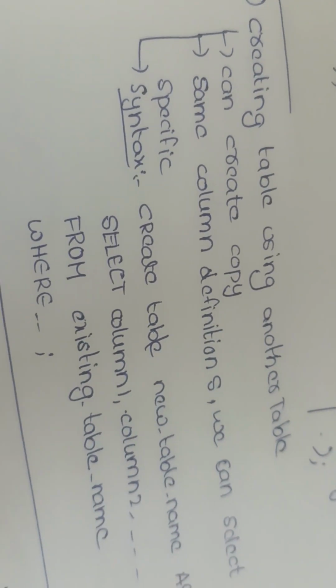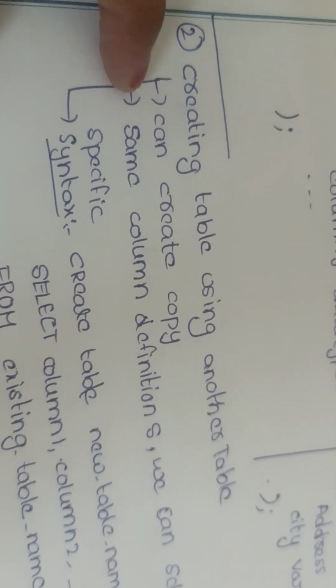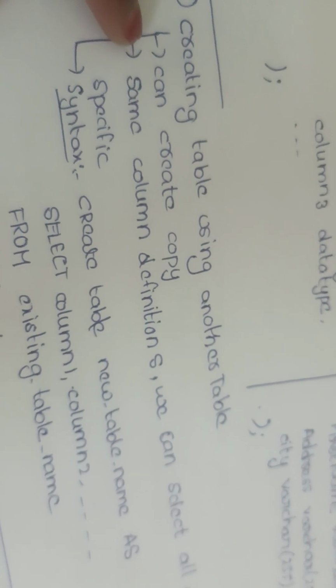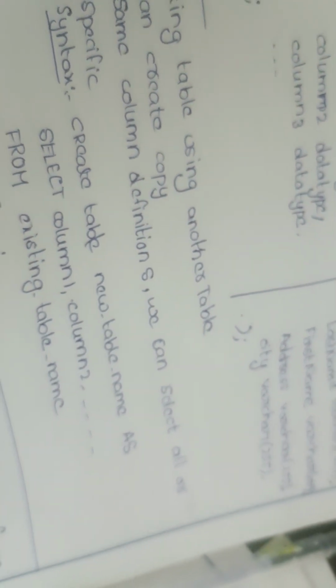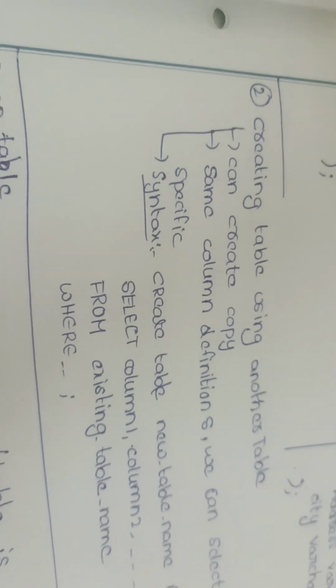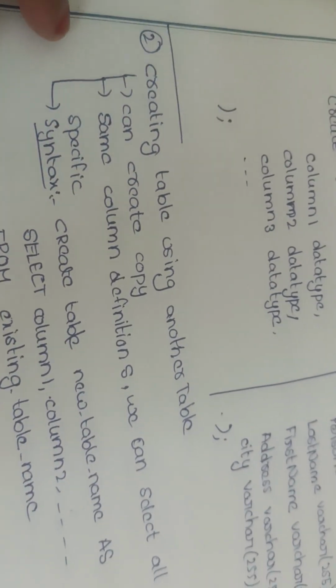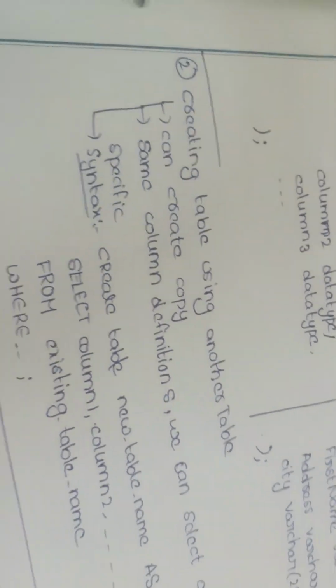See the points: we can create a copy with the same column definitions, and we can select all or specific columns. That means based upon the need, we can specify these column names. These are the ways to create a table.